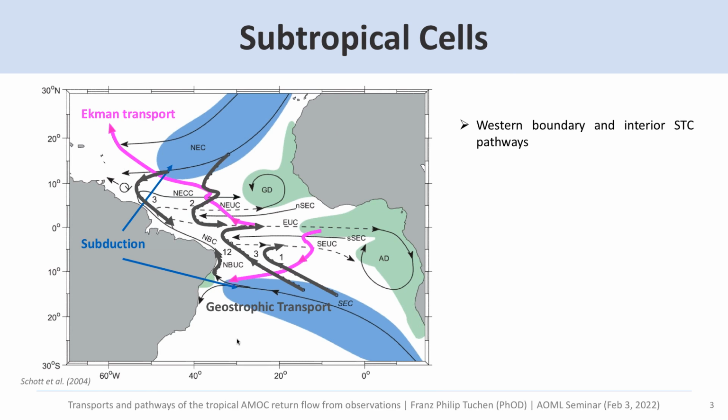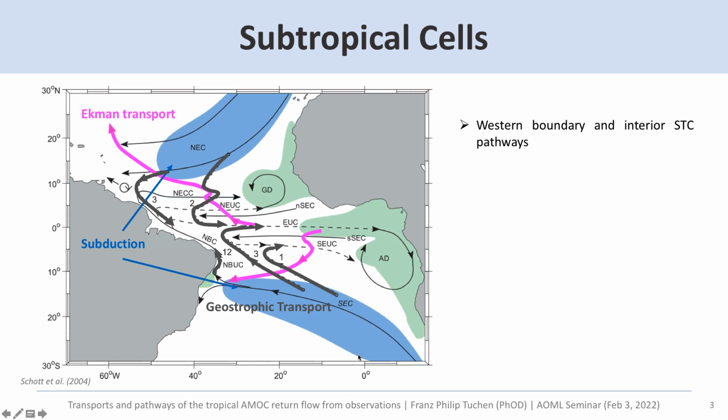So basically, what is shown here are two pathways. For one, the western boundary pathways, and on the other side, the interior pathways, also accounting for the interaction with the zonal current system here in this zigzag pattern.